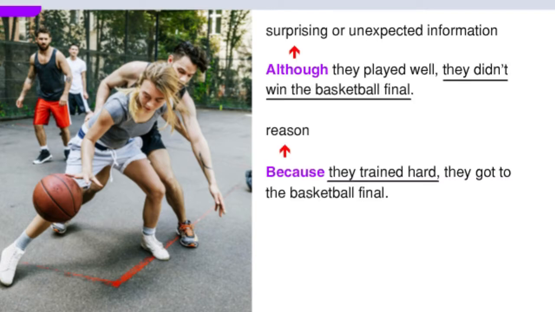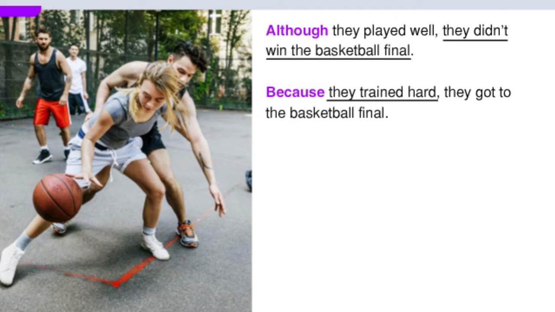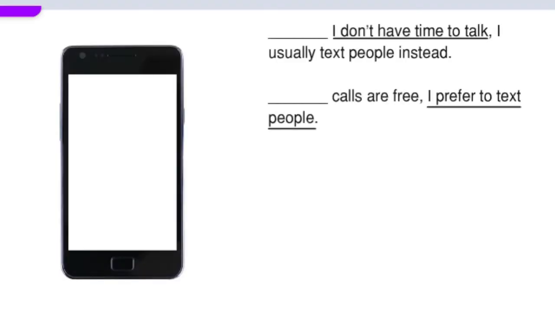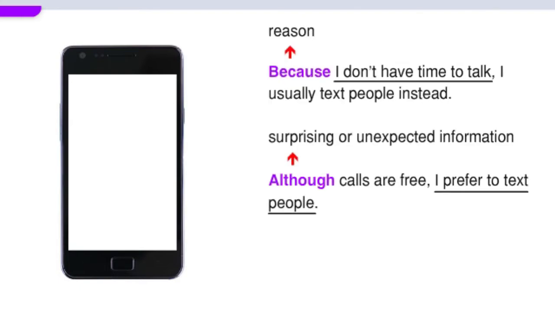Although they played well, they didn't win the basketball final. Because they trained hard, they got to the basketball final. Because I don't have time to talk, I usually text people instead. Although calls are free, I prefer to text people.